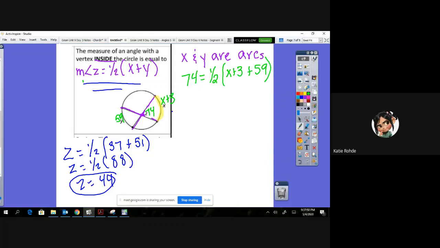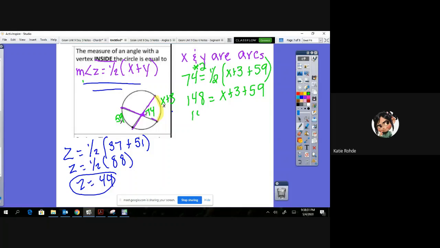I don't really like to take 1/2 of x or 1/2 of 3 or 1/2 of 59, because I'm going to make a whole lot of fractions. So instead, we can use our math rules: if I multiply both sides by 2, then this 1/2 just becomes 1. We have 148 equals x plus 3 plus 59.